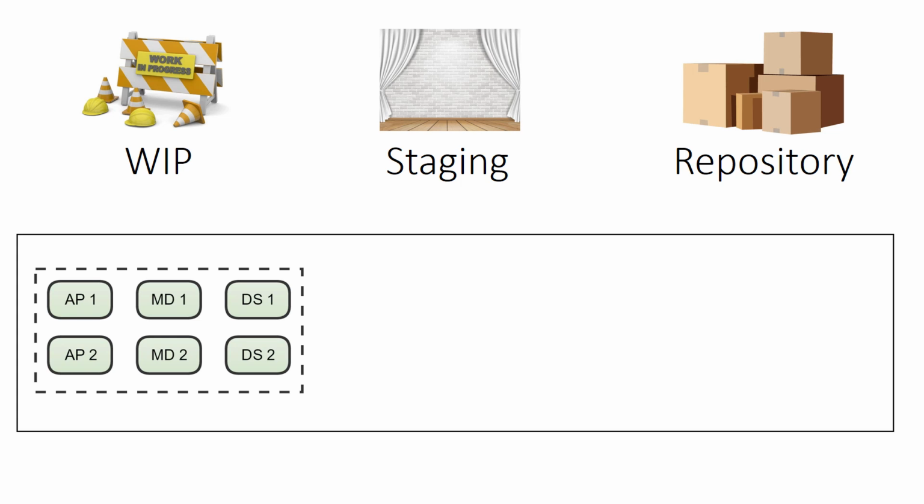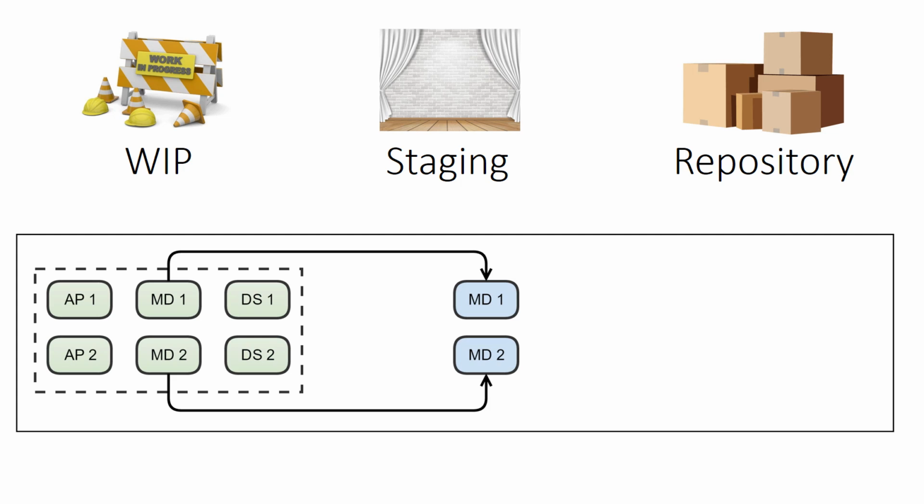For example, we make some changes to the main dish article, right? We don't make changes to all the others, just the main dish, MD1 and MD2. After we make changes, we save them. We're happy with the changes that we made. We put them into the staging area.